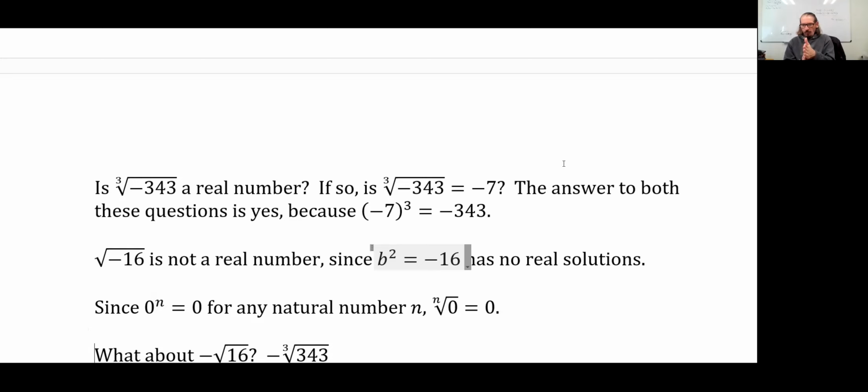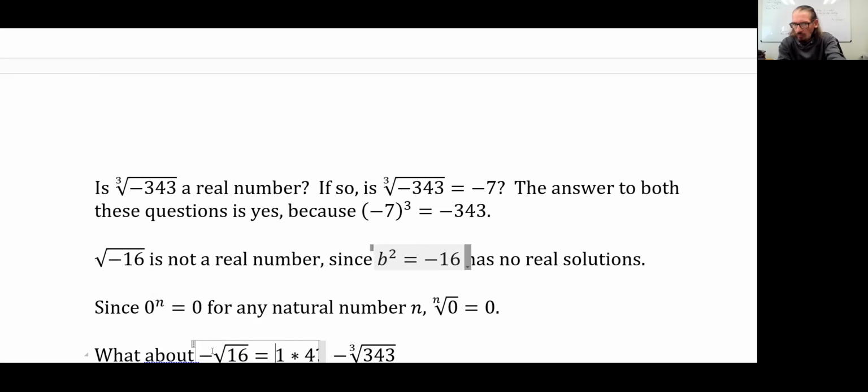We do exponents before we multiply. So what if we do radicals before we multiply? This is really saying -1 times the square root of 16. So what if we take the square root of 16 first? That we can do. That's going to give us 4.